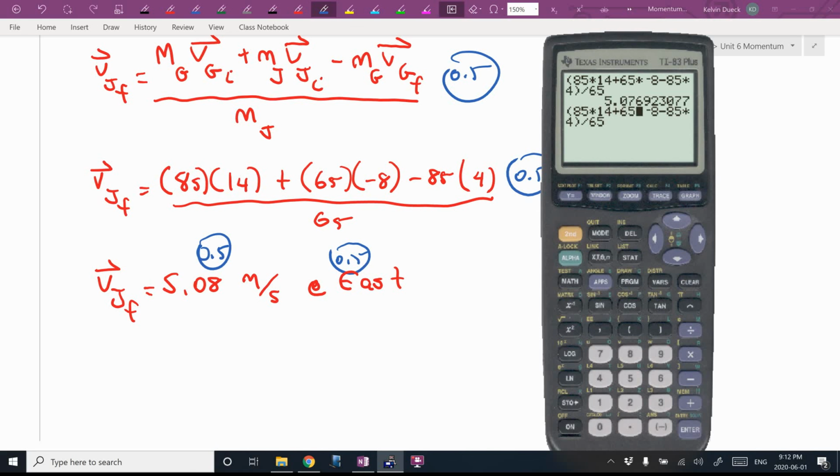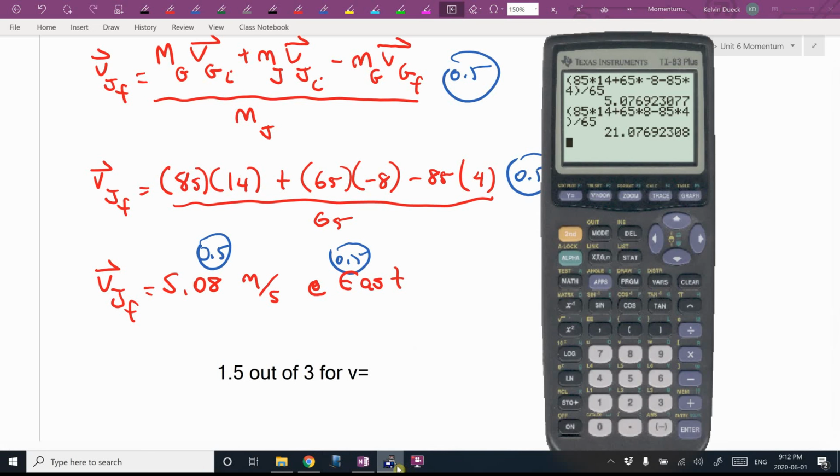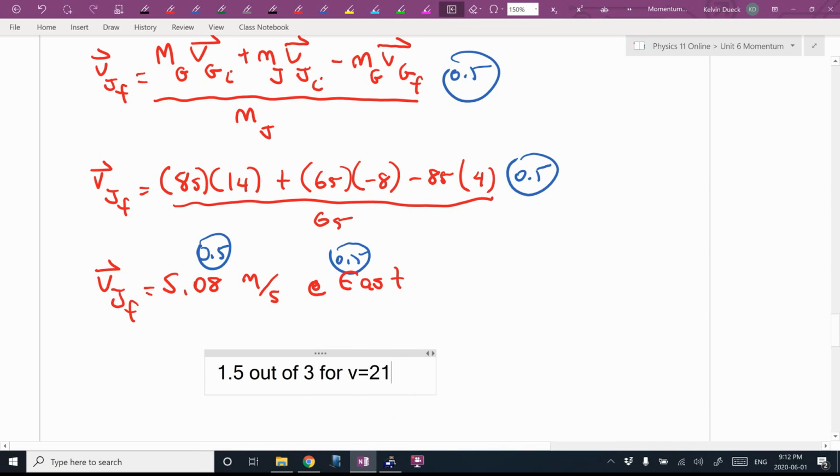I would give you 1.5, and you would have had 21. So I would say this. 1.5 out of 3 for V equals 21 meters per second.